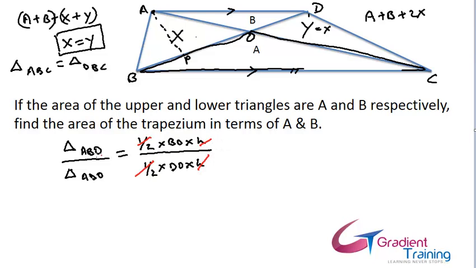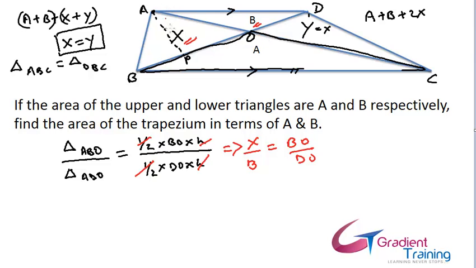So you have area of triangle ABO, which we have assumed to be X, and area of triangle ADO, which is given as B, as ratio of their base lengths, BO upon DO. It's such a simple concept, but you'll take some time to understand. So please understand that X divided by B, this area divided by this area, is simply ratio of their base lengths, BO divided by DO.